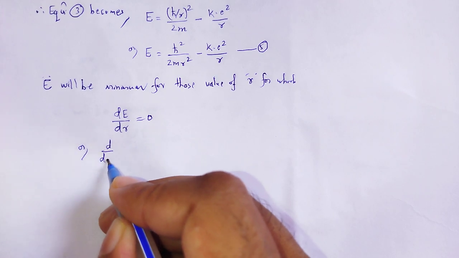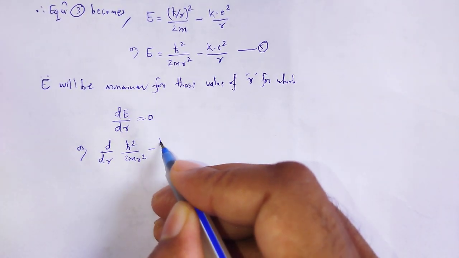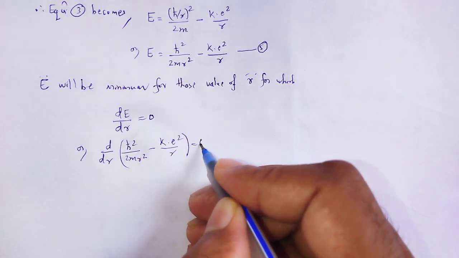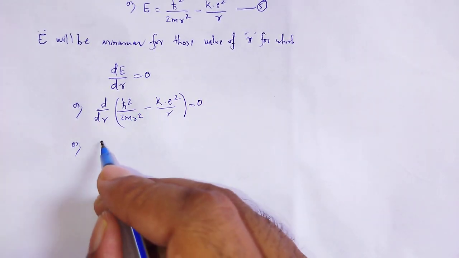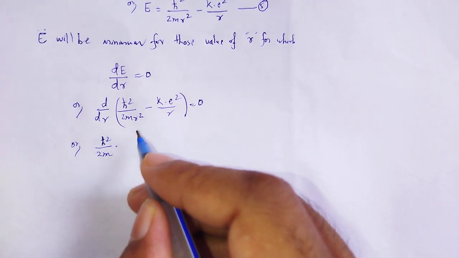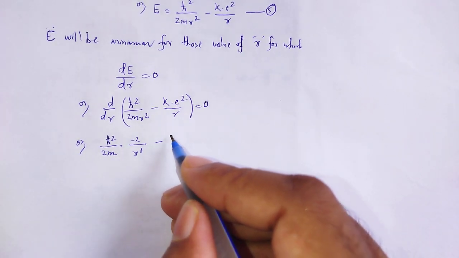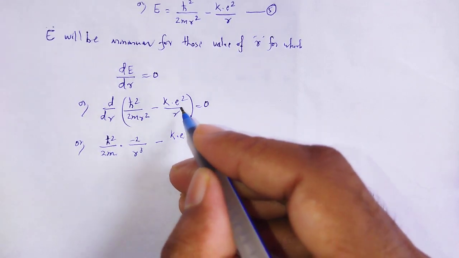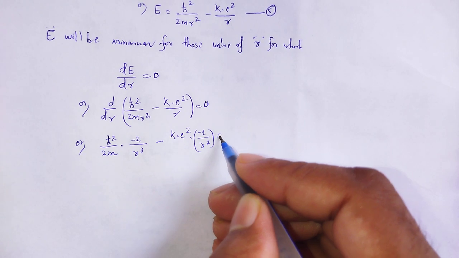So, d by dr of h cut square by 2m r square minus k e square divided by r is equal to 0. Its differentiation gives h cut square divided by 2m, that is the constant term, times 1 by r square, which gives minus 2 divided by r cube, minus k e square times 1 by r, which gives minus 1 divided by r square, is equal to 0.